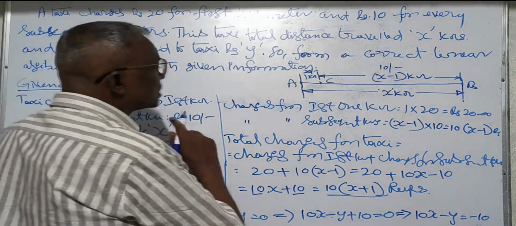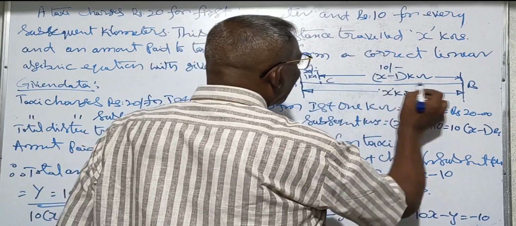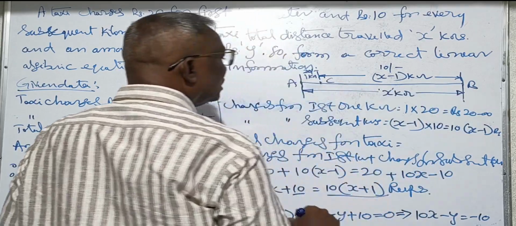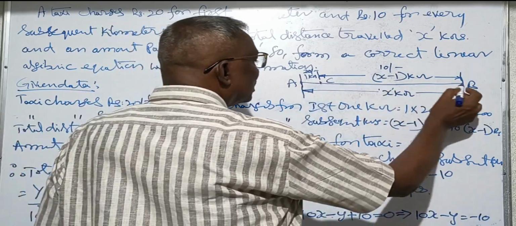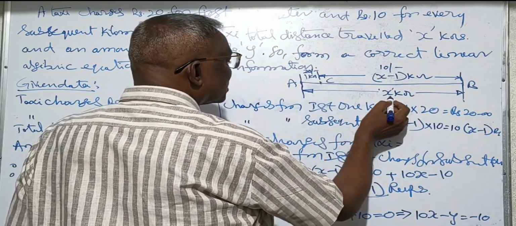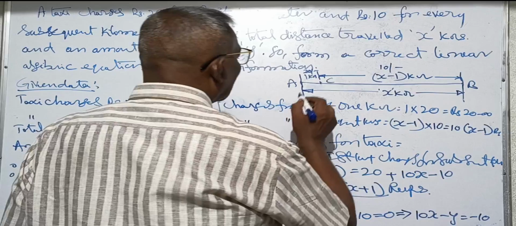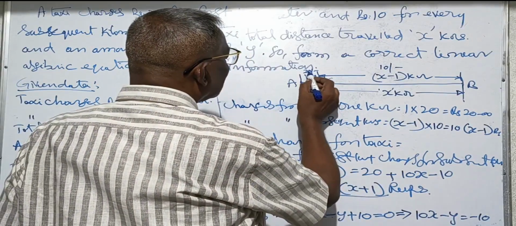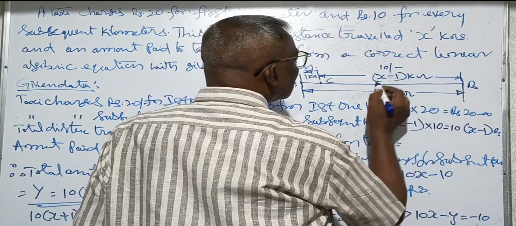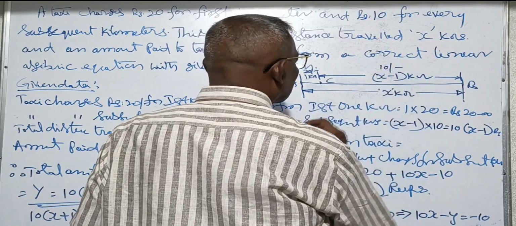With this given information, I made this line diagram. The total distance travelled is x kilometers, A to B. Next, A to C is the first 1 kilometer, where the rate is different. The remaining length is x minus 1 kilometers.